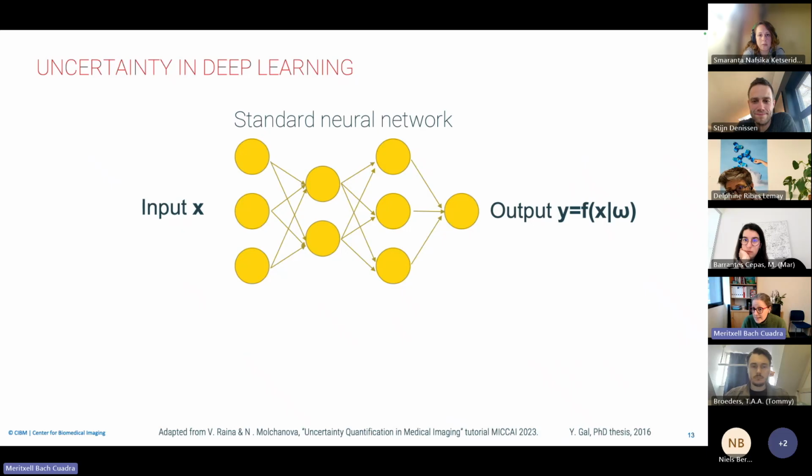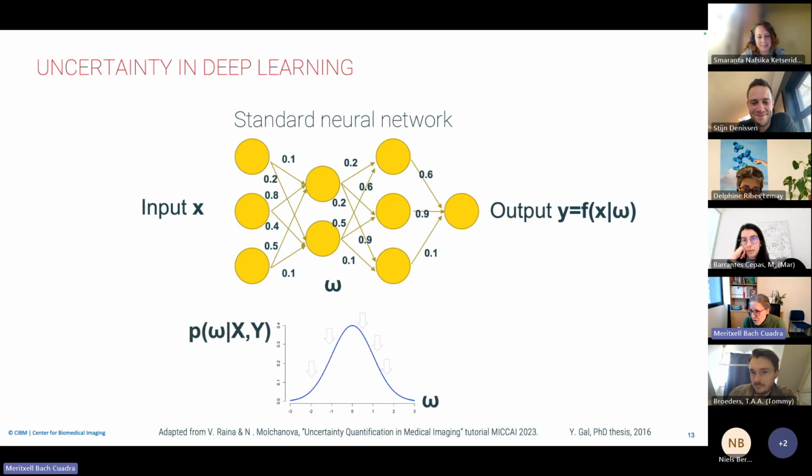The reality is that because of all the things I just cited in the previous slide, you don't really have one weight, right? You have stochasticity, a lot of stochasticity, in this system. And indeed, you have a distribution of weights because of the noise, because of the lack of knowledge, and so on and so forth.